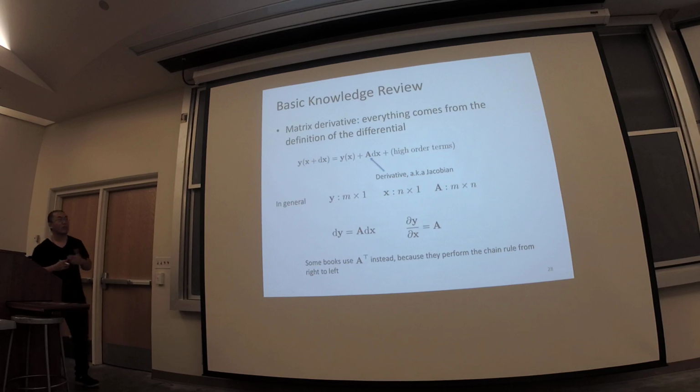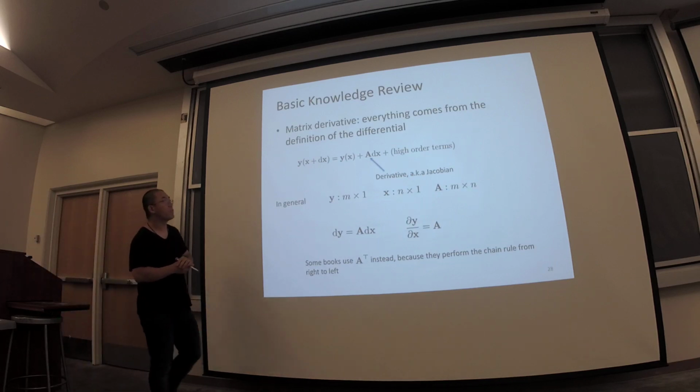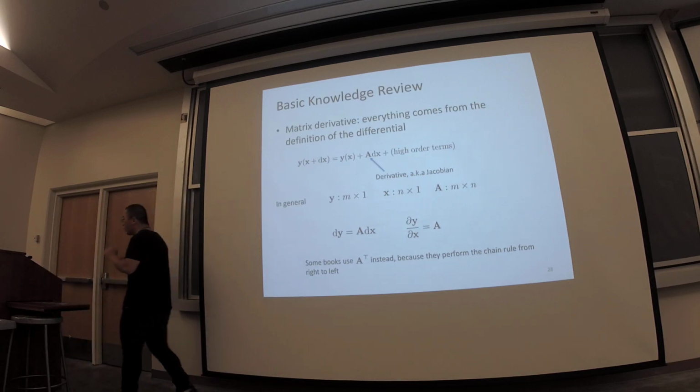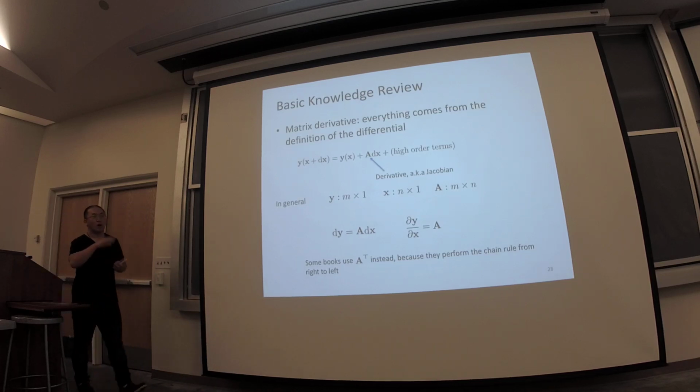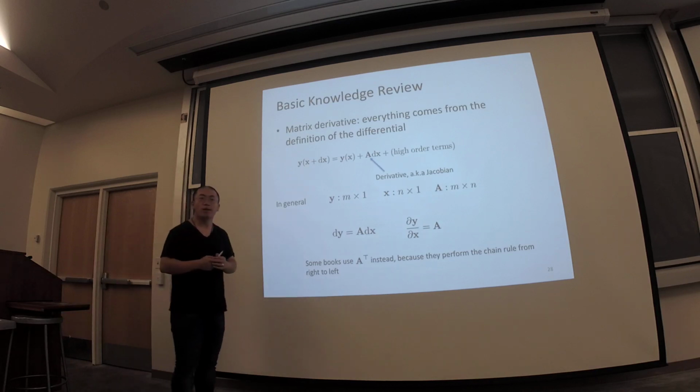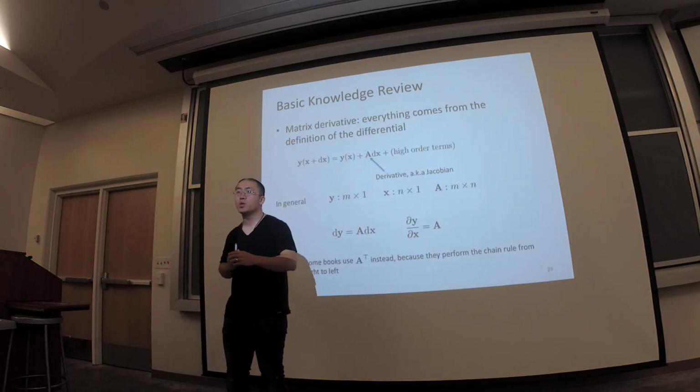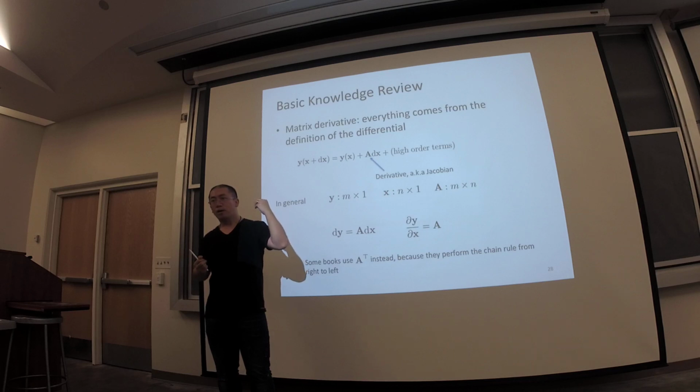Okay, so then let us go to the matrix derivatives. Because we are going to heavily use matrix derivatives, that is, if your objective function is a scalar but your input is a vector or even a matrix, how can we compute the gradient with respect to that vector or matrix?